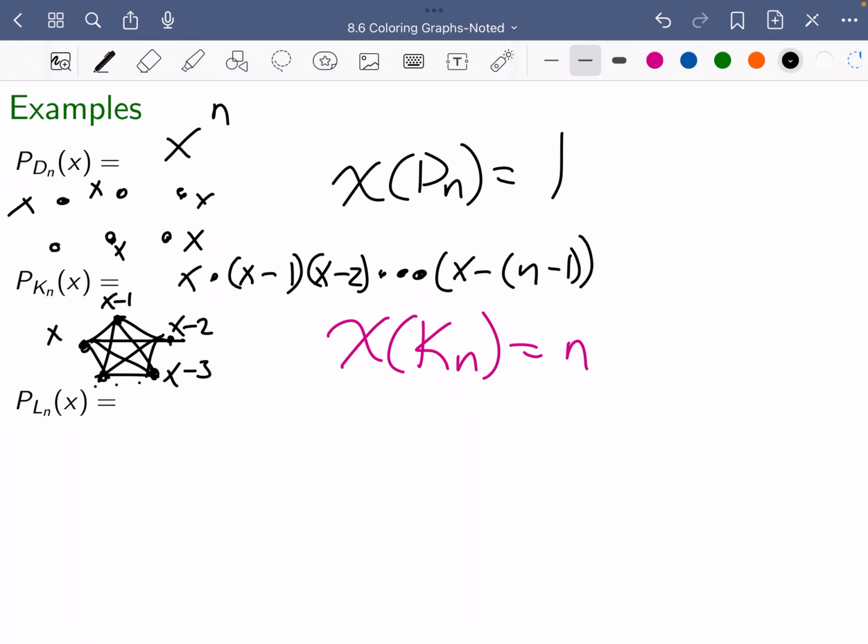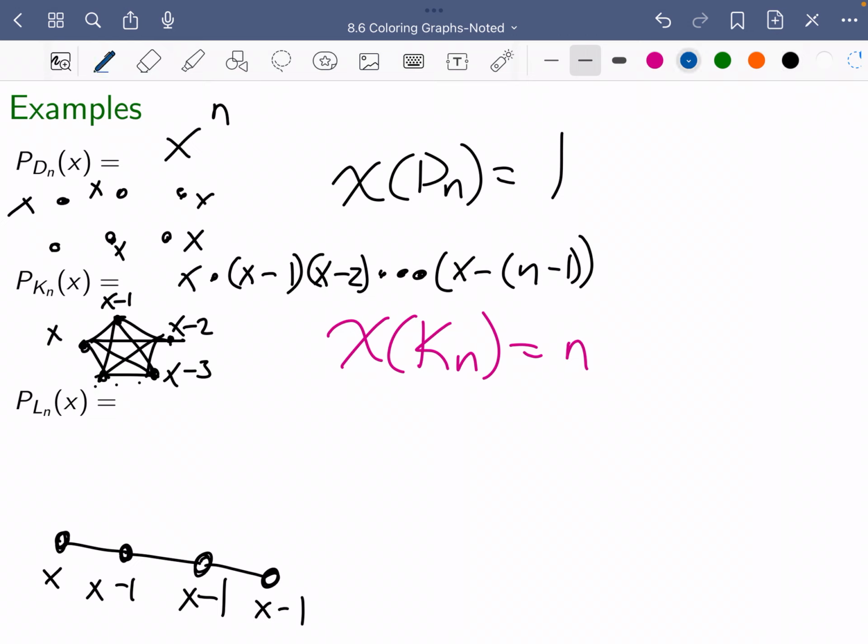If we have a linear graph on n vertices, we'd have x, x minus 1, x minus 1, and so on and so forth. Oh, actually I take that back. Just x minus 1, x minus 1, x minus 1.